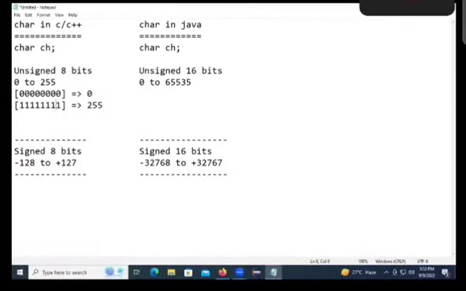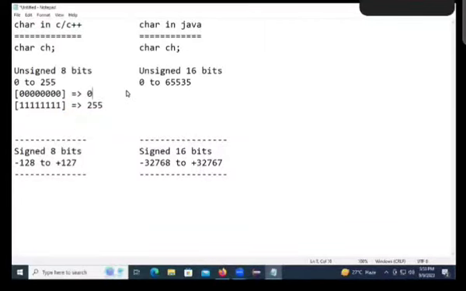Now you calculate 1, 2, 4, 8, 16, 32, 64 and 128. If you add all the numbers, it will be 255. If you take 255 and divide by 2 to get the binary, you will get 8 ones. So minimum is 0, maximum is 255.